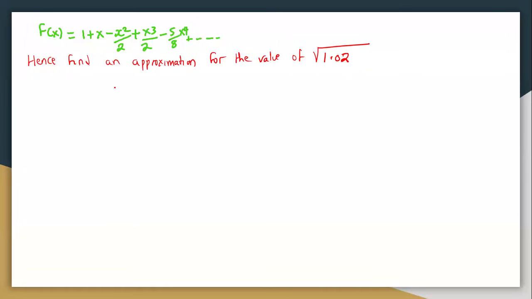Now here, you go back. Remember our expansion for 1 plus 2x. We have obtained our answer: 1 plus x minus x squared out of 2 plus x power 3 out of 2 minus 5 out of 8 x power 4 plus.